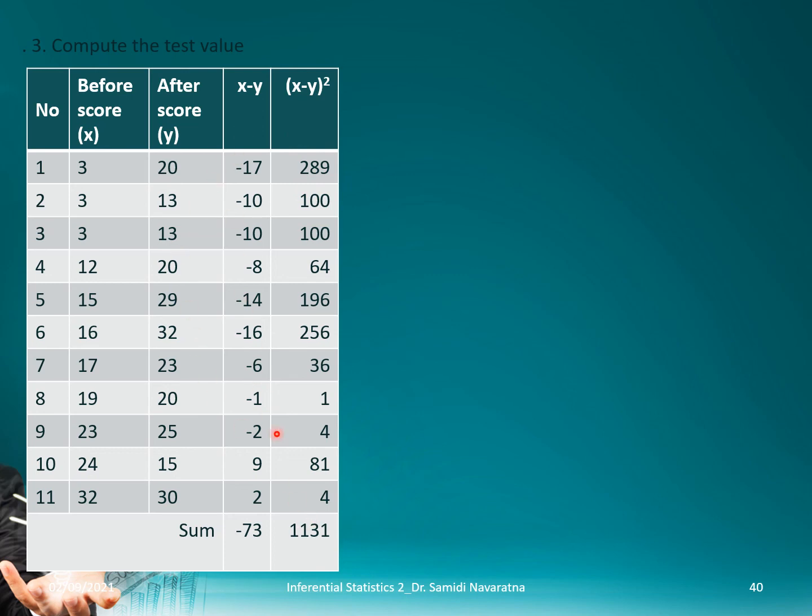Then we add up the differences column and the squares of the differences. Then we apply these to the equation we use to calculate the test statistic.